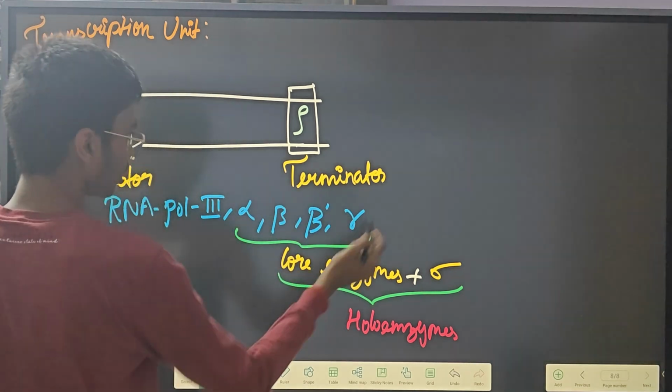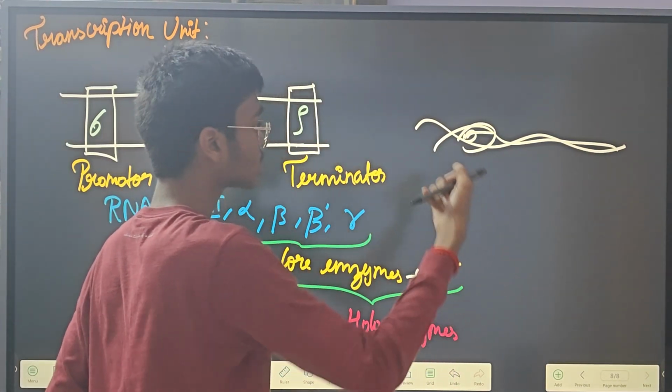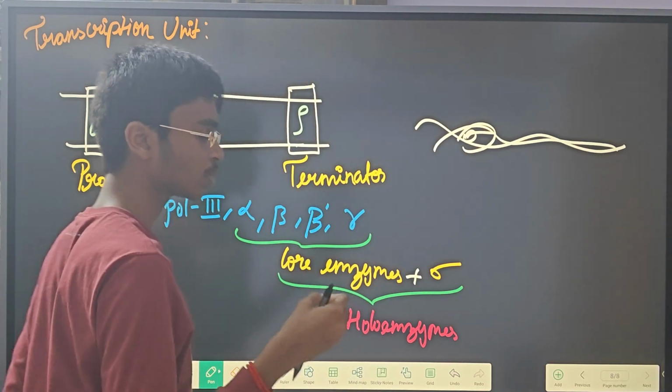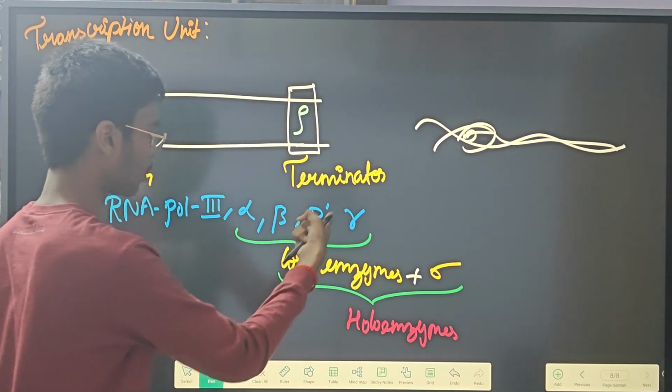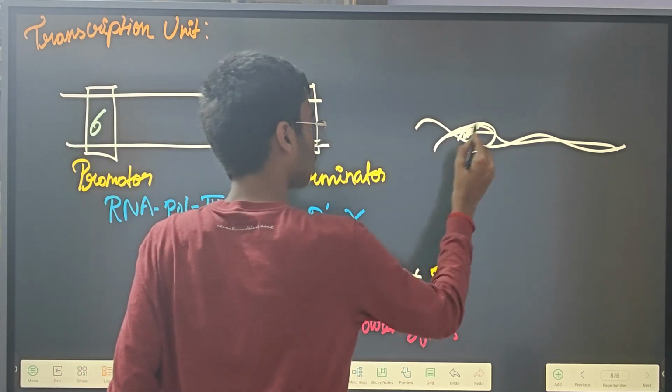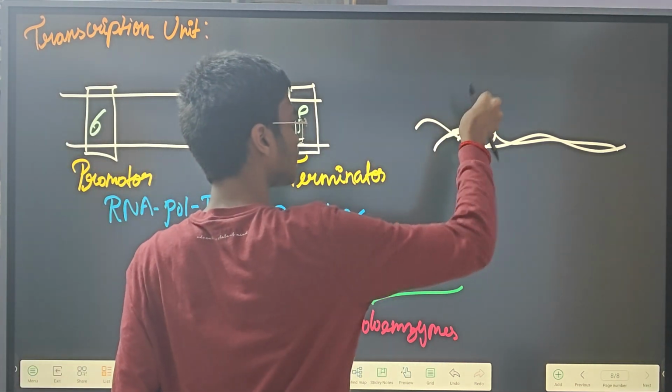If this is the strand, here is where the sigma factor is. This sigma factor is what adds the RNA polymerase, with its alpha, beta prime, and gamma subunits, to this strand, so that hnRNA can be formed.